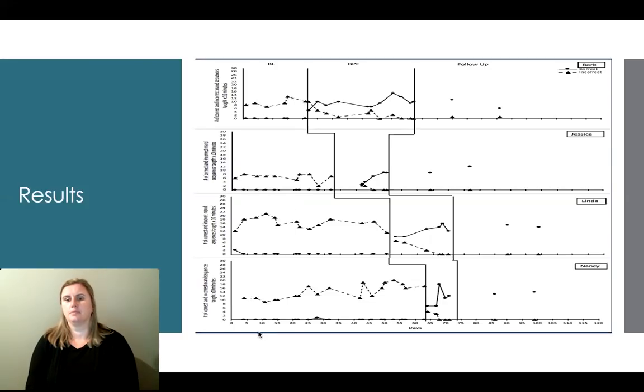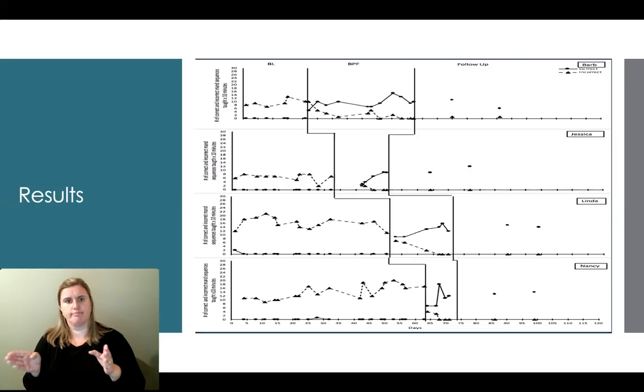So there was no participant that implemented a single correct sequence during baseline. And of course, we used a multiple baseline across participants. But immediately following implementation, we notice an increase across participants in correct implementation.